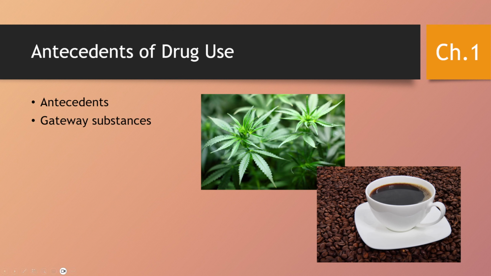Now, oftentimes these get misaligned with gateway substances, or a gateway drug. You may have heard that before. Oftentimes it's associated with things like marijuana, but this is really only a small factor when we're looking at some of these effects, right? So when we talk about drugs, remember, drugs are any type of chemical substance that alters the body.